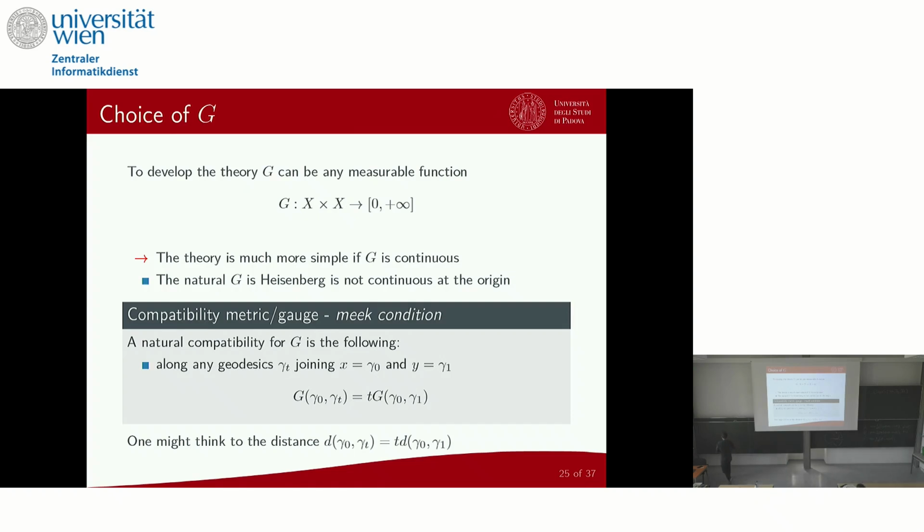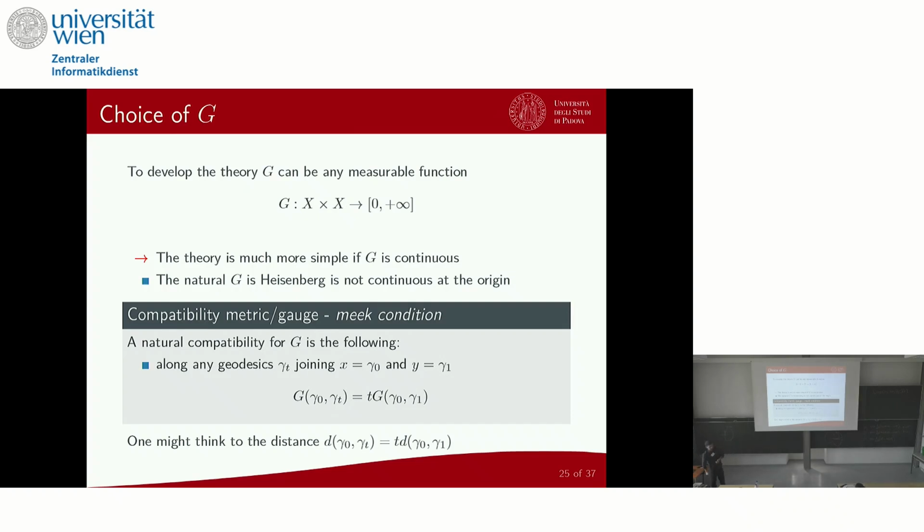The reason why it is not continuous is because when you want to reach these points on the vertical line, this G is equal to 2 pi, but at the origin it is reasonable to put G equal to 0, right? So when you approach in this way, this G will not be continuous.